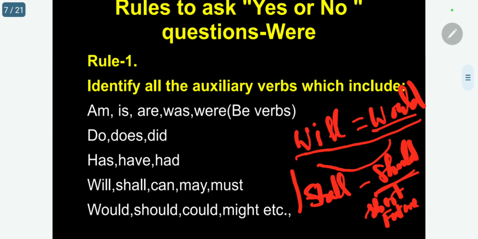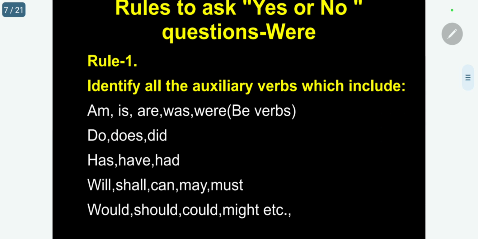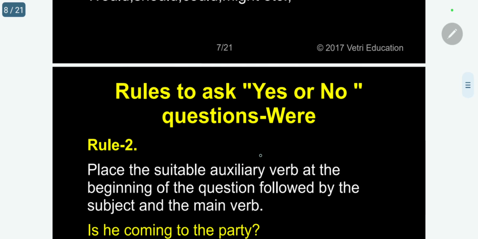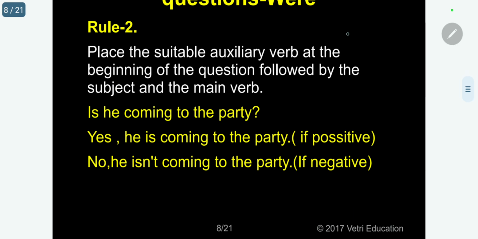If it takes months or a year, use will and shall. That is the main difference. Don't think would is the past tense of will, or should is the past tense of shall. Kindly follow.